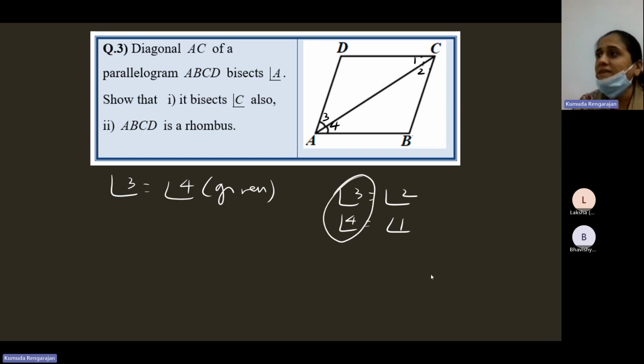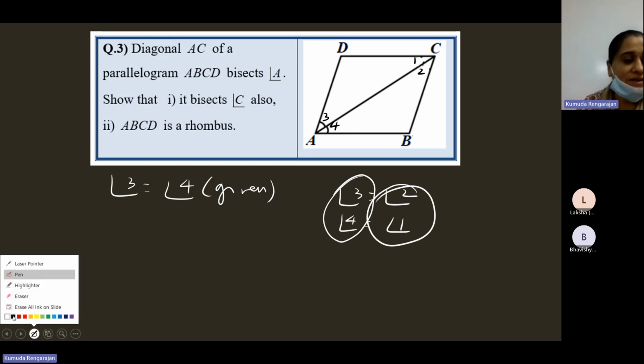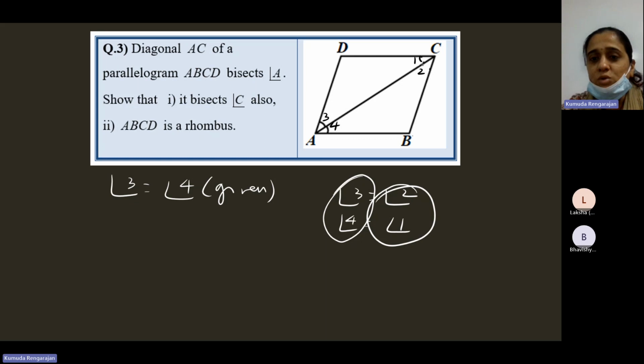That means all the angles are equal, or angle 2 is equal to angle 1. Angle 2 is equal to angle 1 means AC bisects angle C. AC bisects angle C because 2 is equal to 1. So we proved that AC bisects angle C by proving that angle 1 is equal to angle 2.